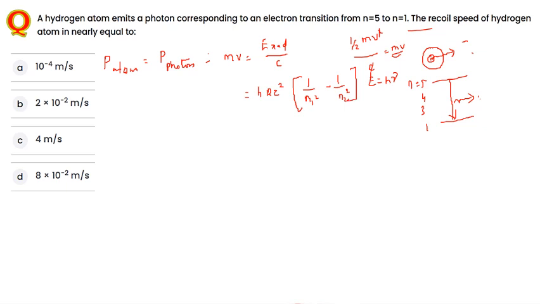From this, we have m into v, and this v value only we are going to find.